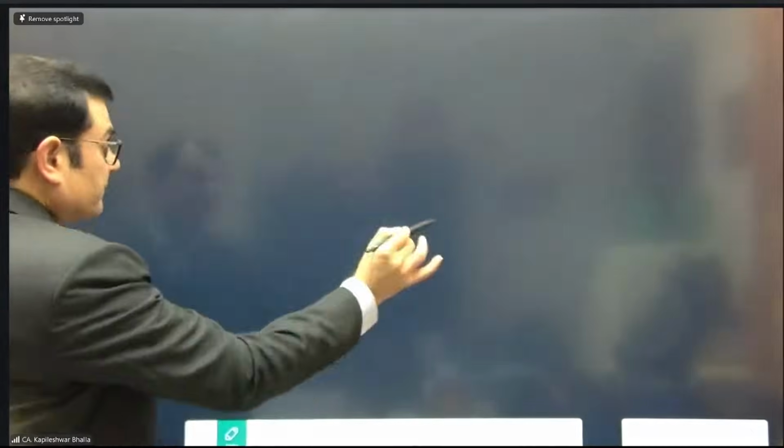So our entire focus of discussion in terms of Ind AS 110 is going to be divided into these 3 blocks. I'll just pen that down as well, because as you consolidate the standard, you should have it at the back of your mind that we are discussing these 3 blocks. To begin with, let's pen down the initial thought process.